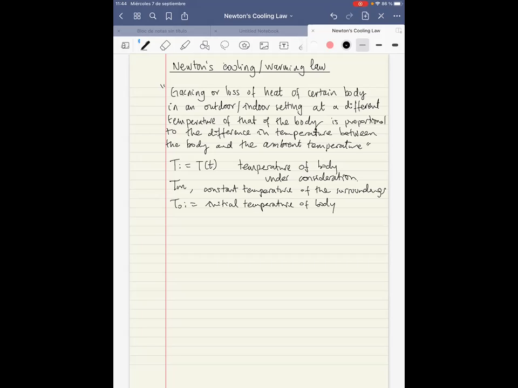And so now with these variables, we can introduce our Newton's cooling or warming law. Or heating, you can call it warming or heating law, any of the two, I guess. So it says that the temperature of the body under consideration, which is actually a function of t, bear in mind here that T is going to be a dependent variable. And bear in mind here that t, the time, is going to be the independent variable.